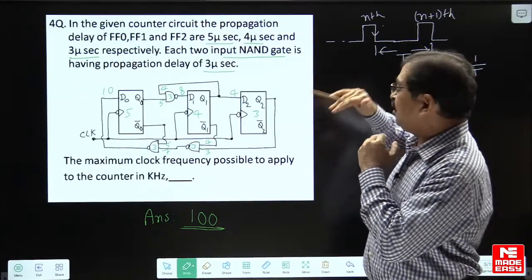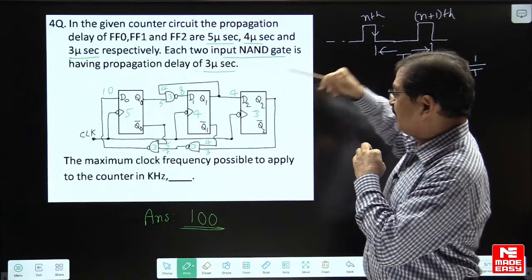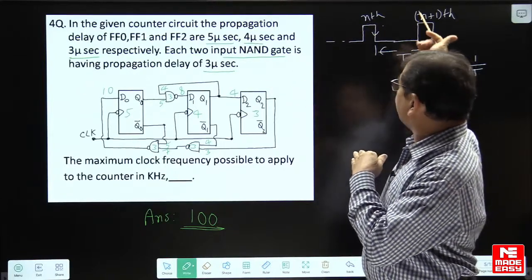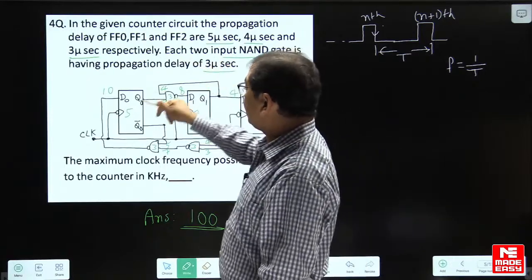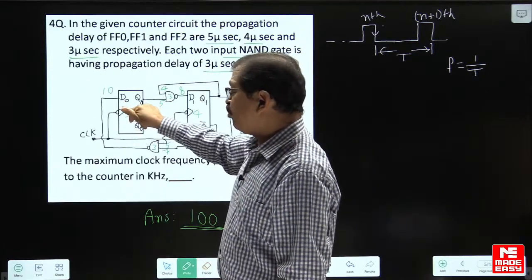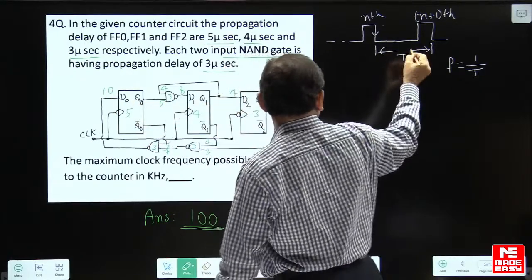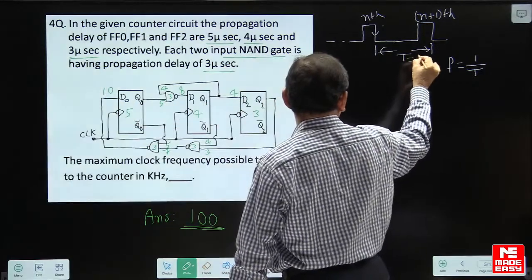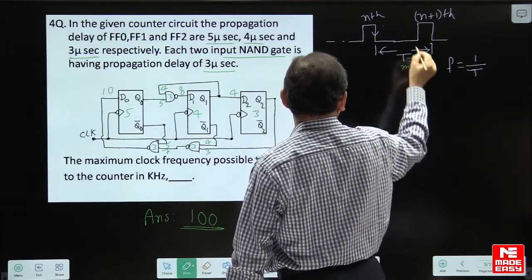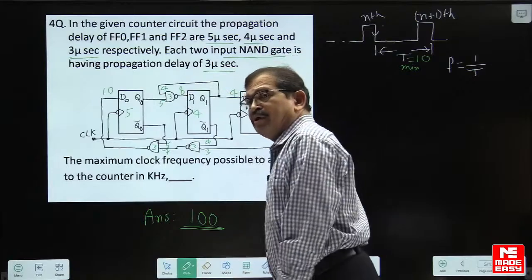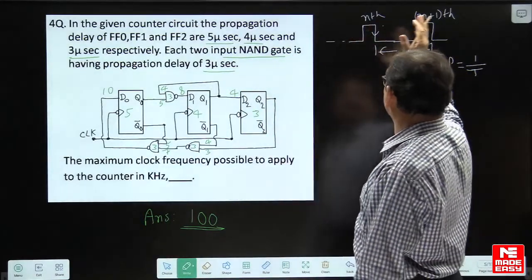The delay is more for flip-flop 0. So if we have a minimum of 10 microseconds, only then is the circuit going to operate properly. This is the minimum time required between the nth and n plus 1 clock pulse.